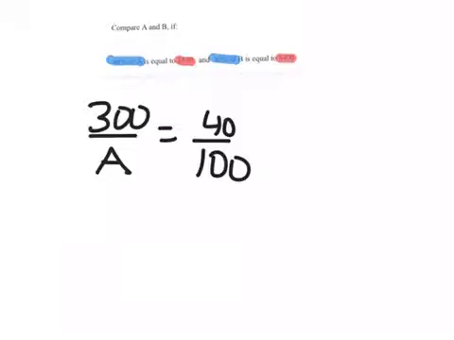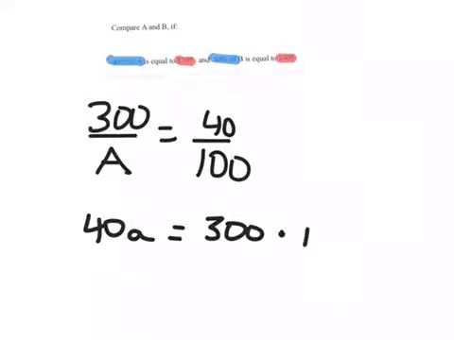Let's solve this equation. So here we cross multiply because we want to prove that it's a proportion. So now we know 8 times 40 is 40A. And we have to figure out 48 is equivalent to 300 times 100.